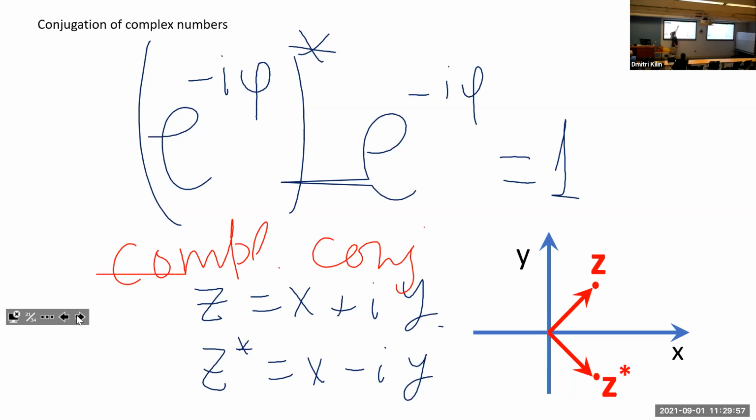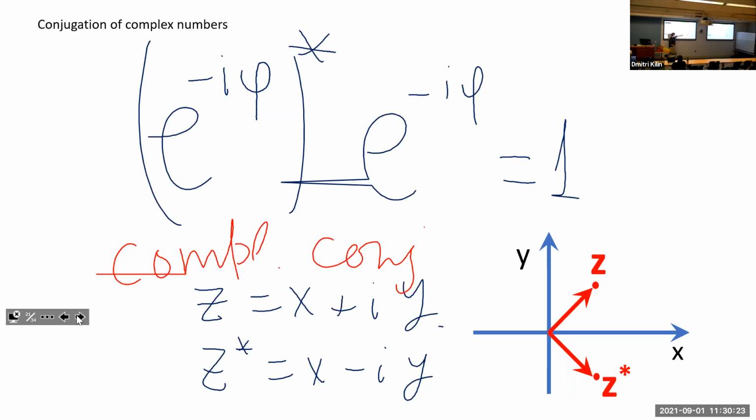Star means flip the sign in front of the imaginary unit. Is it okay, or are you hearing it for the first time? Don't hesitate to say if you never have. So it's just a definition. The formal name is complex conjugation.